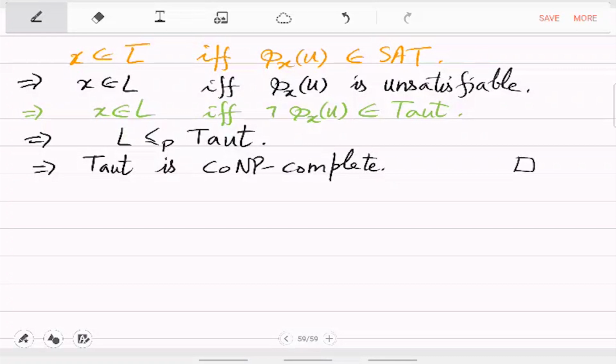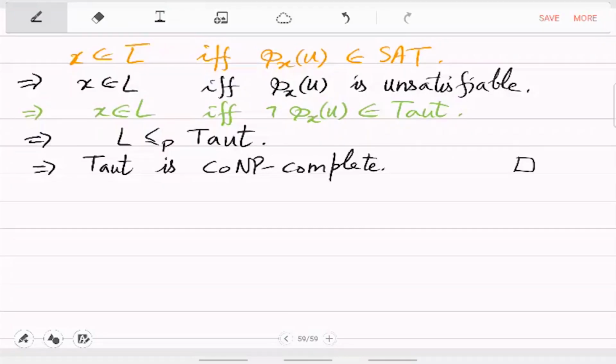So we have now two notions. For NP completeness, which is 3-SAT, any problem to which you can reduce 3-SAT becomes also NP hard. And the second concept is co-NP completeness, which is tautology, and any problem to which you can reduce tautology becomes also co-NP hard.